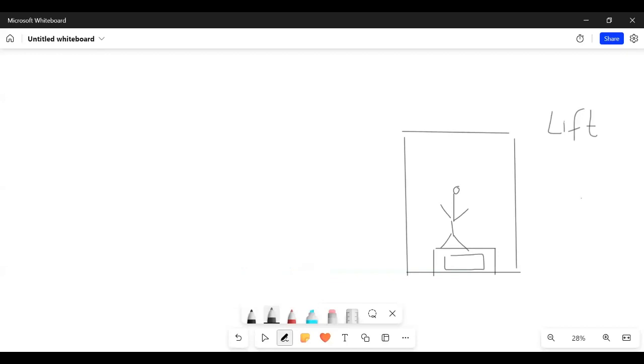Let's say the weight of this person is 50 kgs when the lift is at rest. So that's the first case. A person got onto the lift, which was at rest. There was a weighing scale. He got on it and he noticed that his weight was 50 kgs.